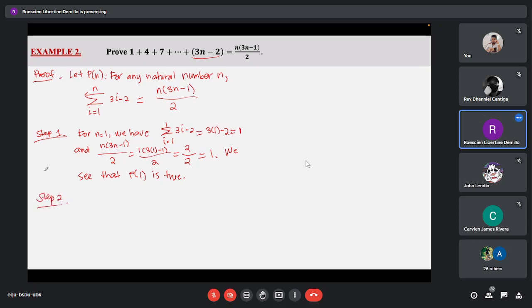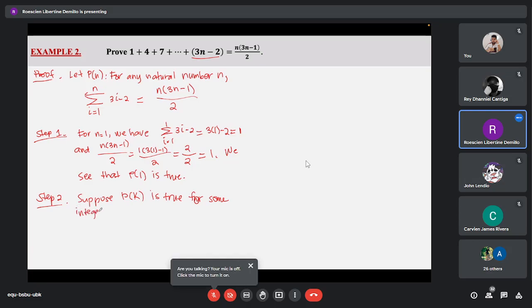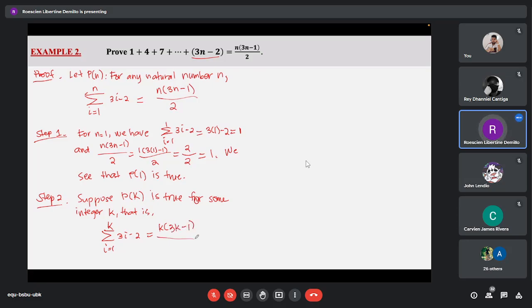Now, in the second step, we suppose that Pk is true for some integer k, that is the summation of 3i minus 2 from 1 to k equals k times 3k minus 1 over 2.